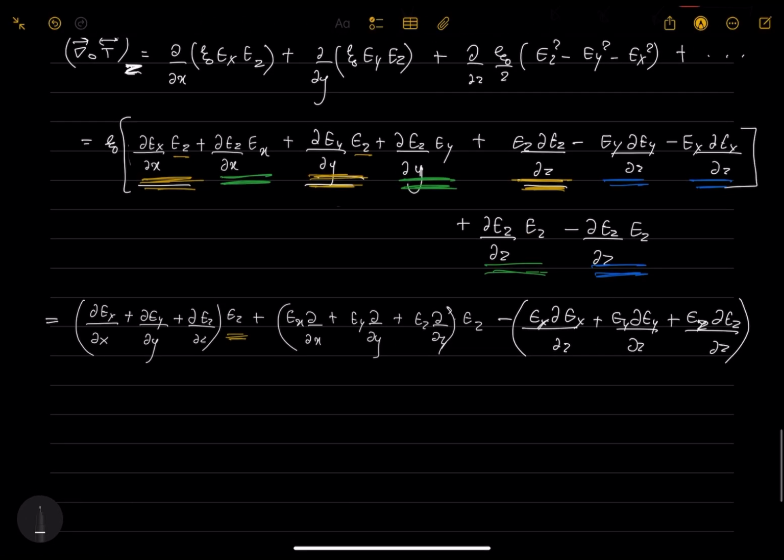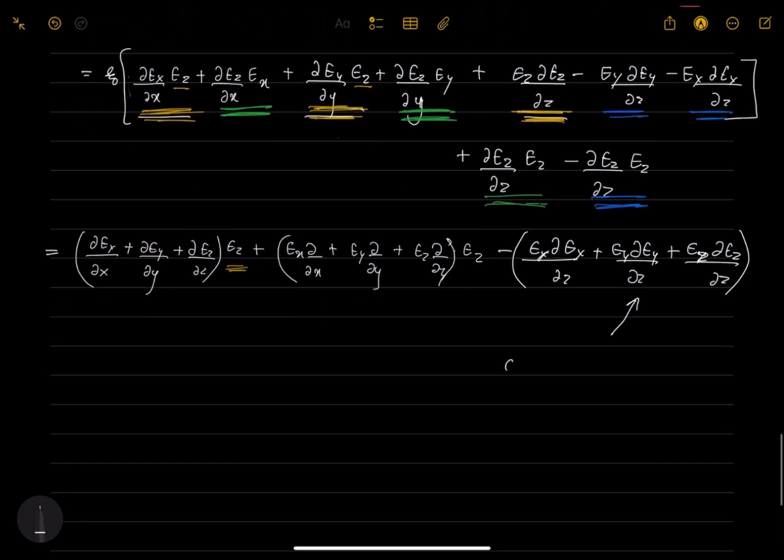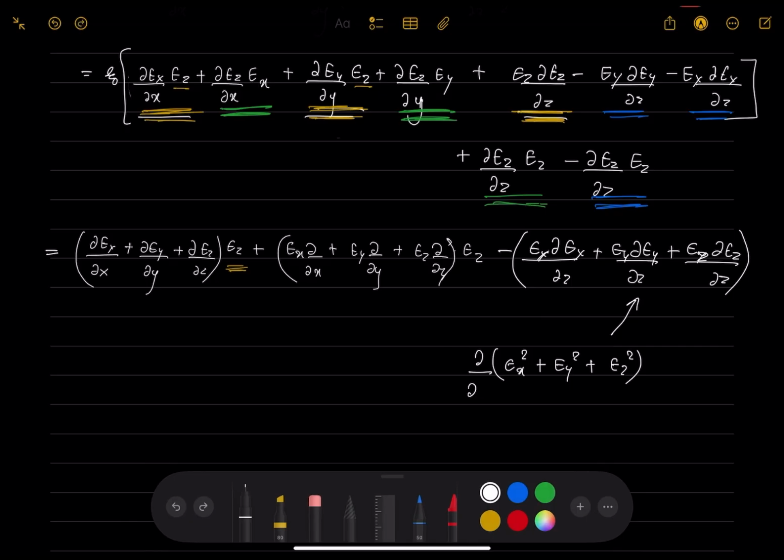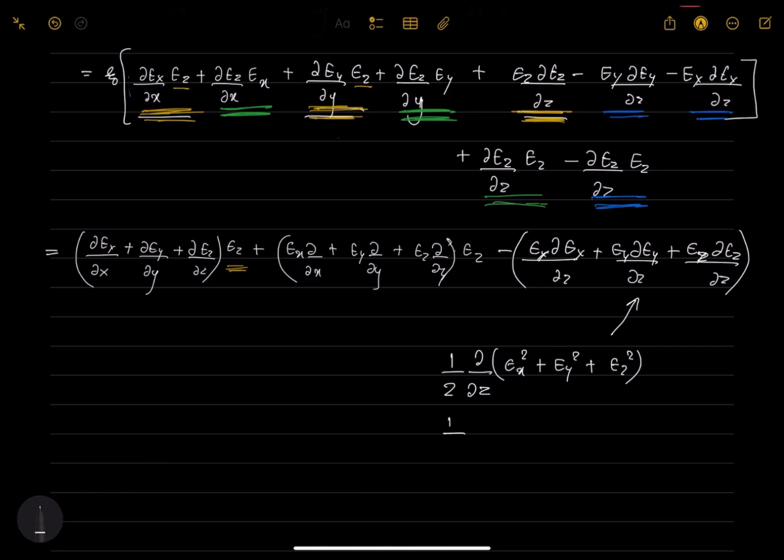So this just looks like somebody's taken the partial derivative of this whole thing, that is the square of the electric field. Somebody's taken the partial derivative of this. This is what this term looks like. And halving that, what is this? This is basically half of the z term of the gradient of E squared.